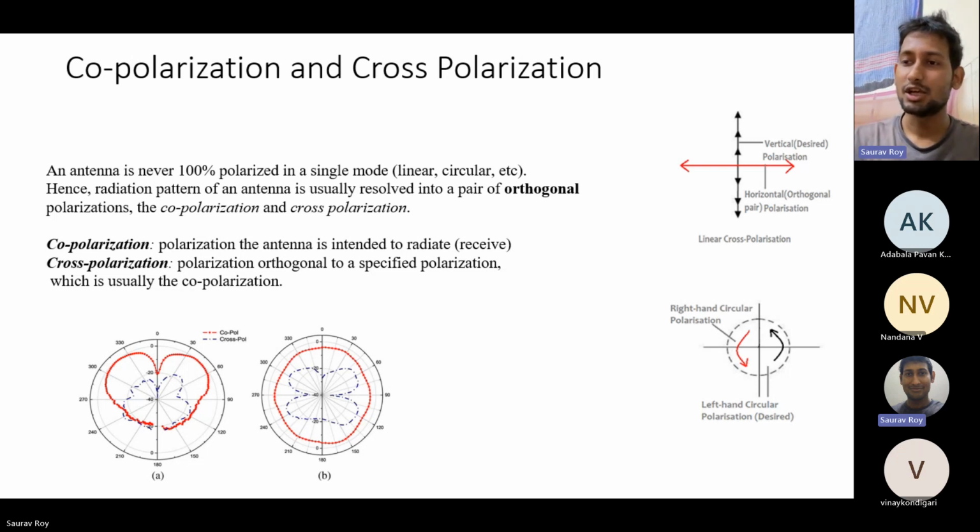We align them both and then rotate the antenna like this, 360 degrees. This gives you the radiation pattern of E co-polarization.